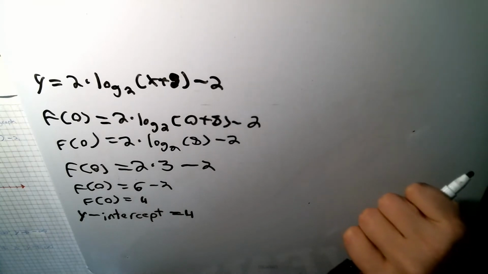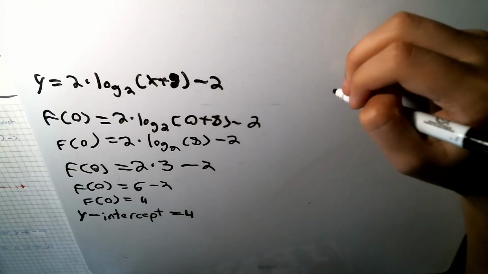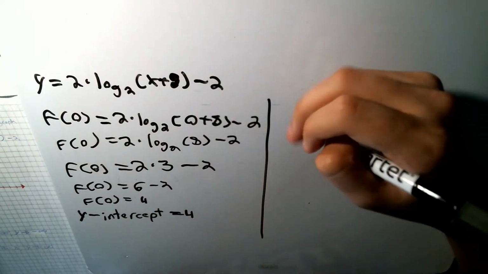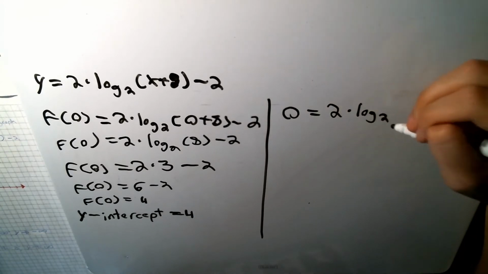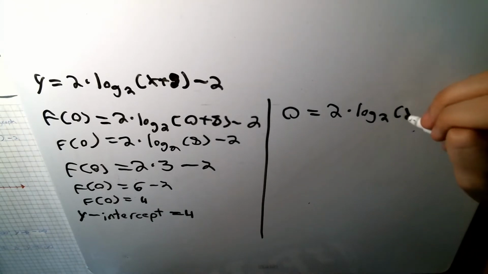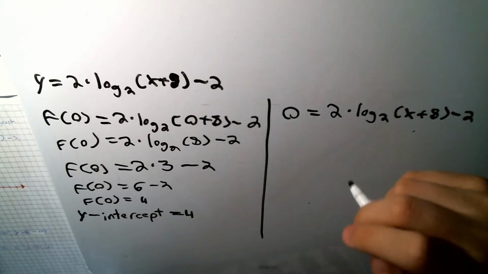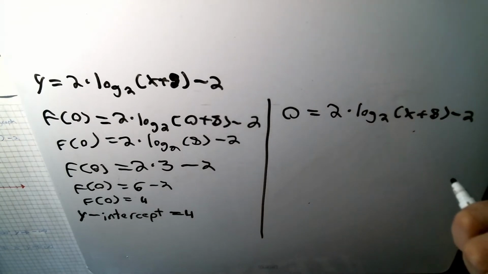Now we'll get the x-intercept by solving the function with y equals 0. So 0 equals 2 multiplied by logarithm 2 of x plus 8, minus 2. Now we just keep on solving. We are going to isolate x the best we can, right?